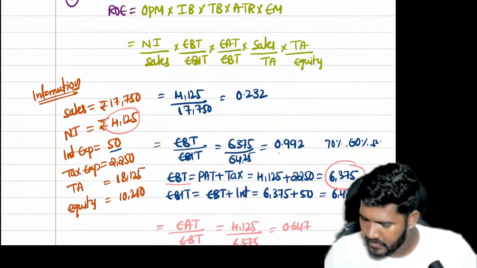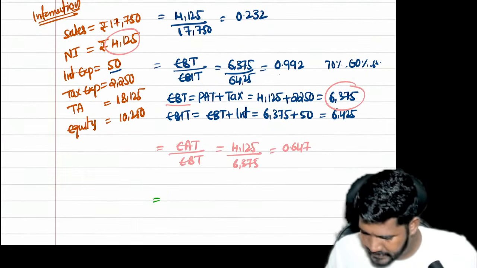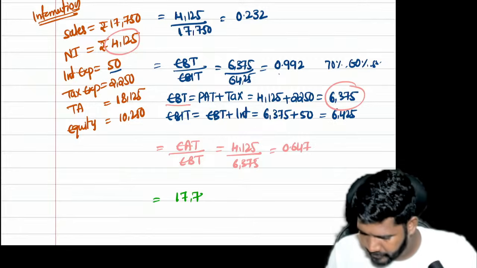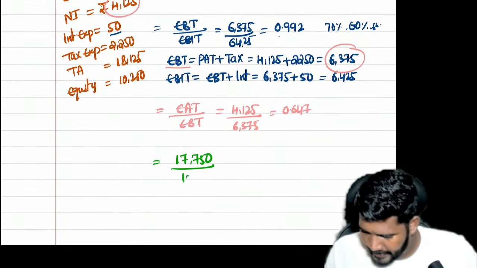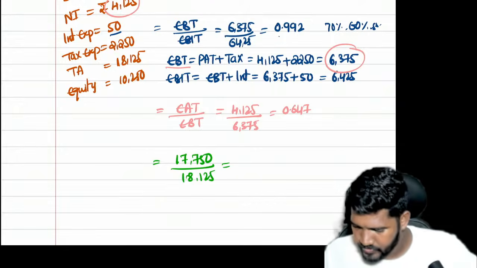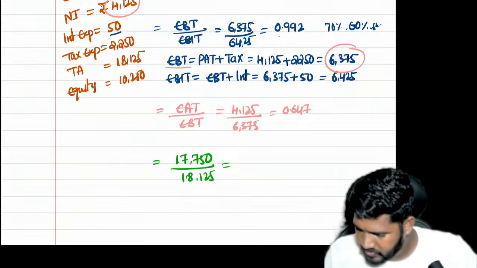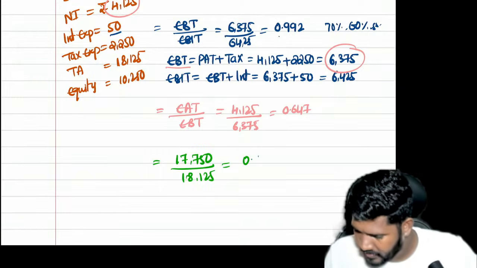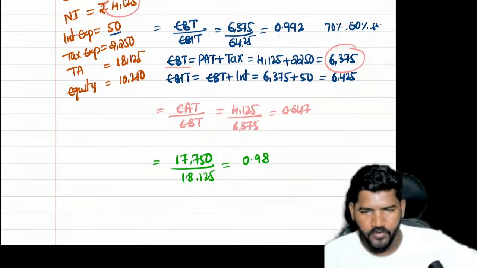Next, sales divided by total assets. 17,750 divided by 18,125. That is 0.97, go with 0.98, no issue.